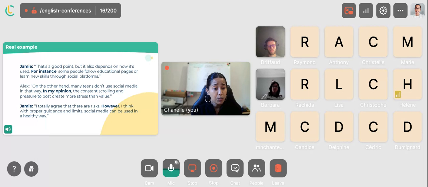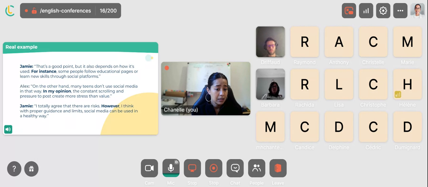Jamie says, that's a good point, but it also depends on how it's used. For instance, some people follow educational pages or learn new skills through social platforms. Alex responds, on the other hand, many teens don't use social media in that way.